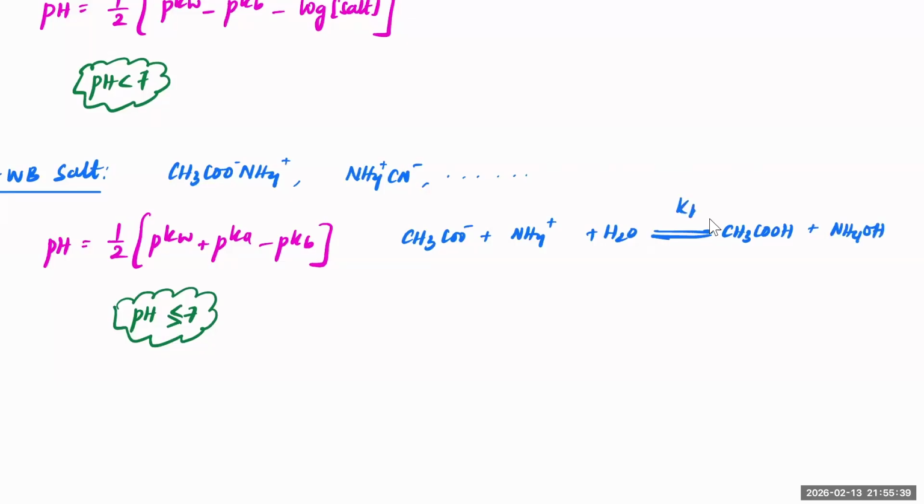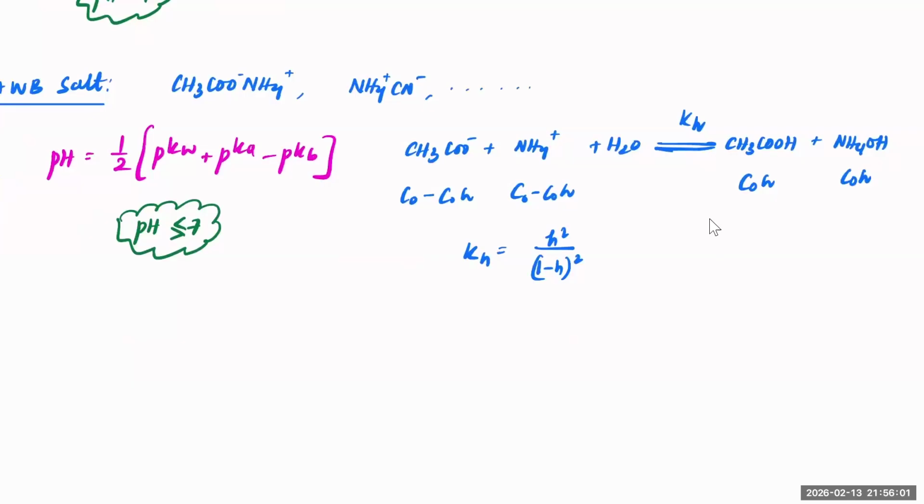So if this is Kh here, and this is C naught minus C naught h, C naught minus C naught h, and this is C naught h and C naught h, that's why Kh will be h square by 1 minus h whole square. So there is no C naught value present in the numerator or denominator. So here is an important part: this hydrolysis is independent of initial concentration.